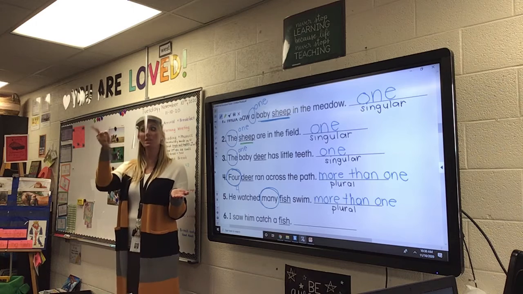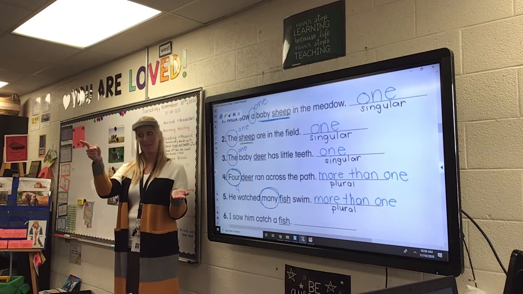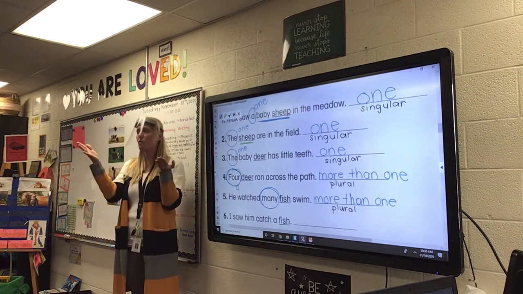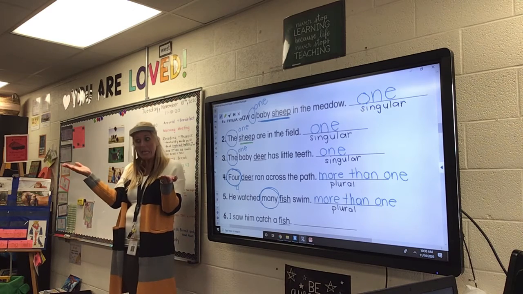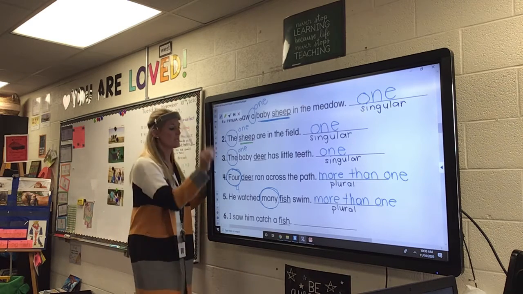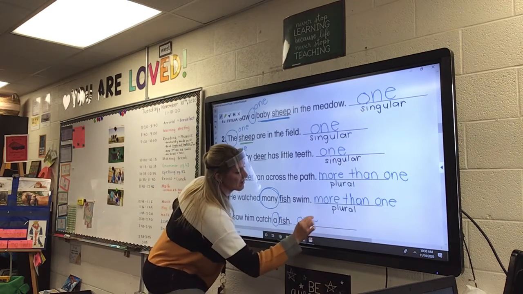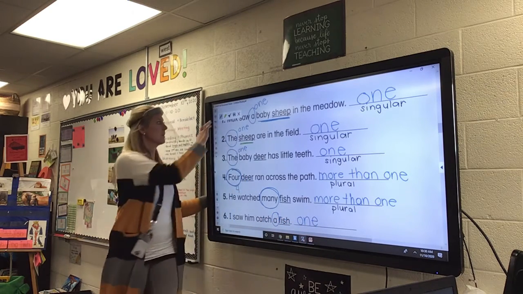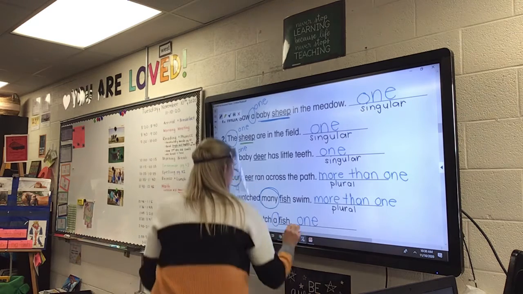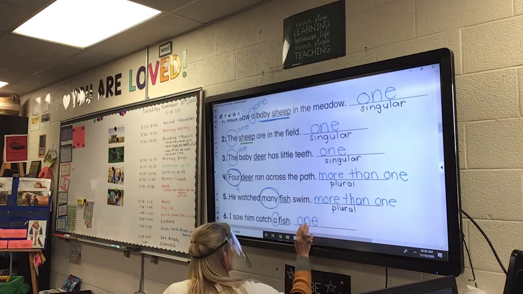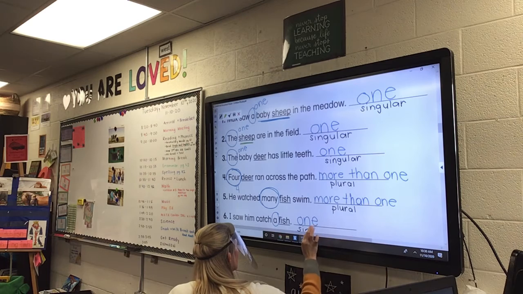But there's a key word. What is it, Kaden? The or a. Yep. So if you have the or a, what does that mean, Kaden? One. So we're going to circle it, and then we're going to write 1. Or you can definitely write singular. Or like the number 1.